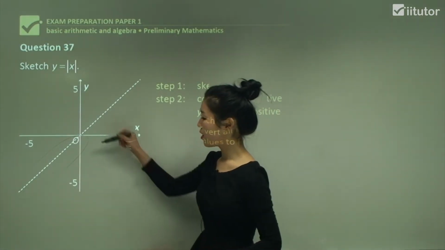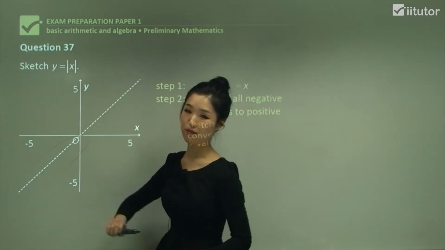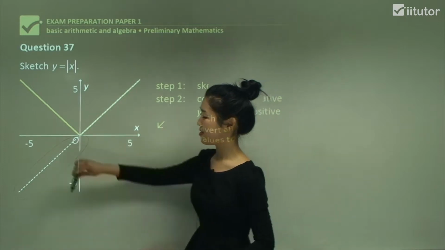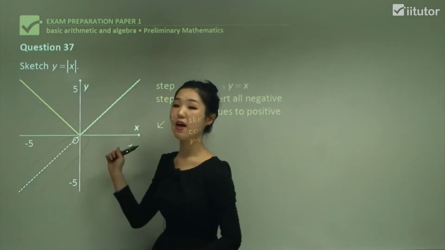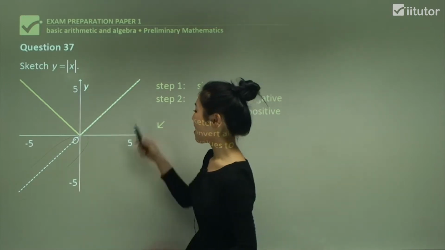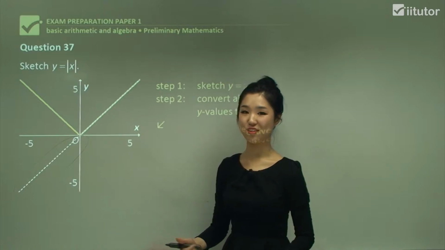So all we need to do is this part of the graph, we reflect it up to the positive side, just like that. So this part we reflect it up to the positive part, so this x-axis acts as a mirror, okay? And therefore this part, this V-shaped graph here, is your final solution.